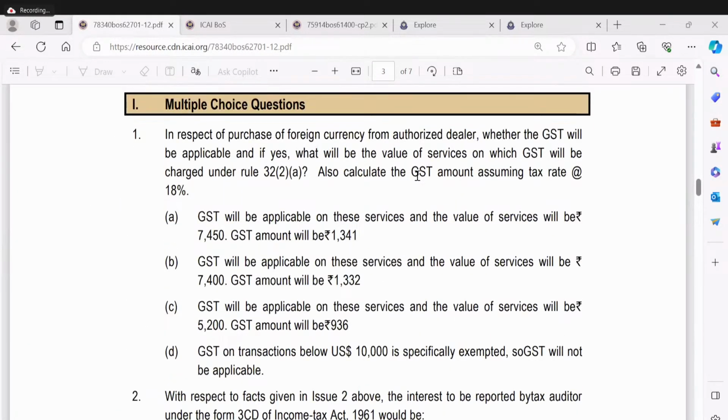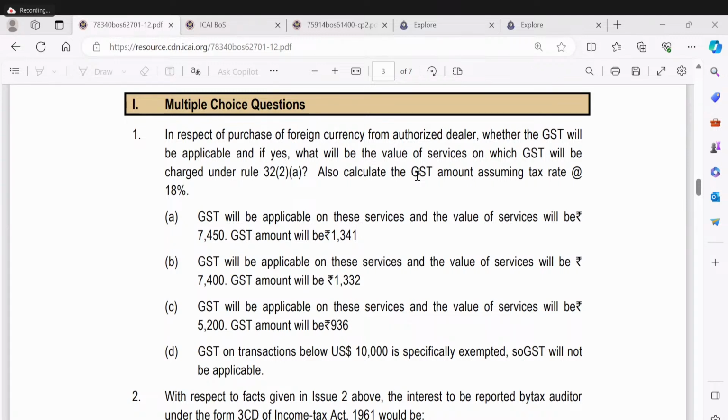It says, in respect of purchase of foreign currency from authorized dealer, whether GST will be applicable, and if yes, what will be the value of services on which GST will be charged under Rule 32, Sub-Rule 2, Clause A of the Central Goods and Services Tax Rules 2017.